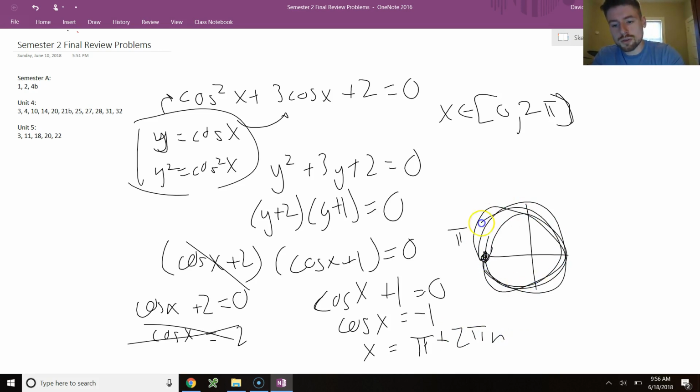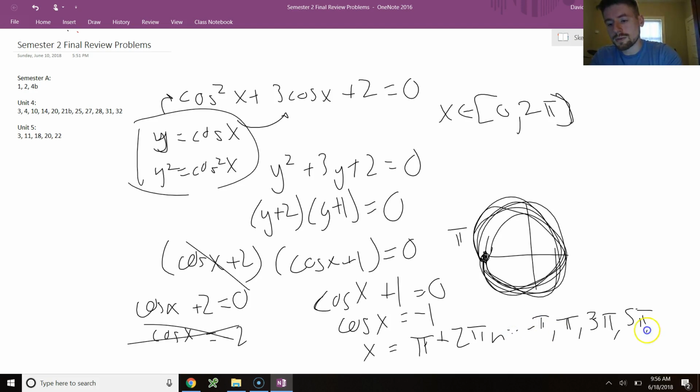So I can go around the unit circle as many times as I want, and I will still get the same answer. And so I want the ones between 0 and 2 pi. This is pi, 3 pi, 5 pi, and -pi, and so forth.